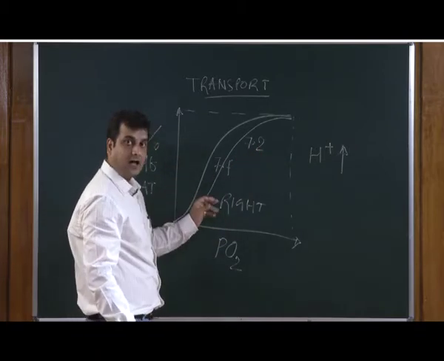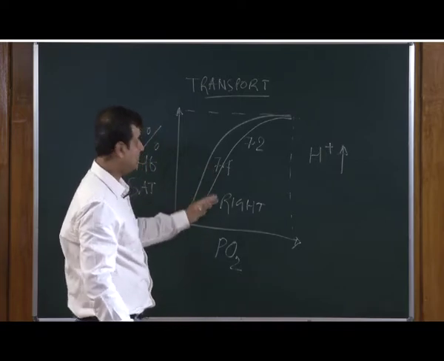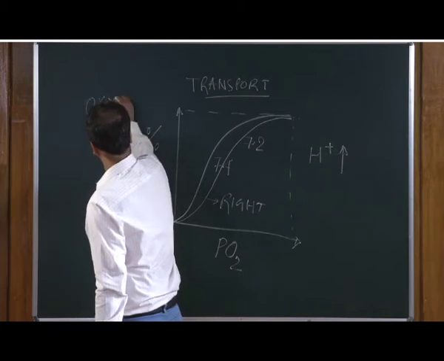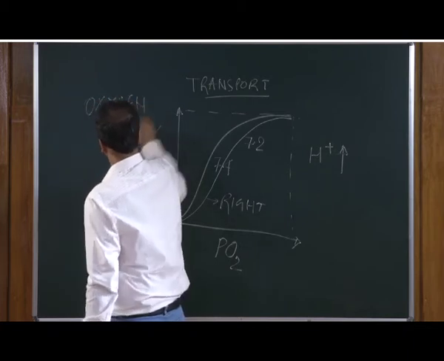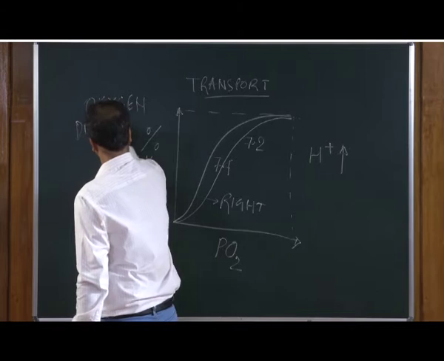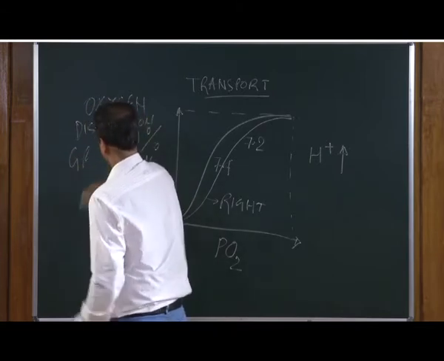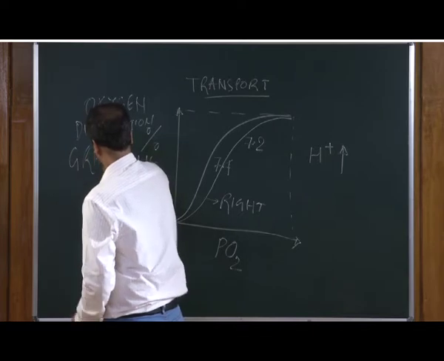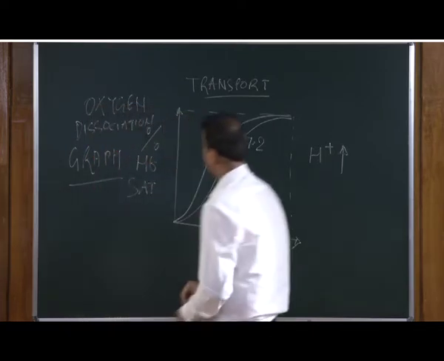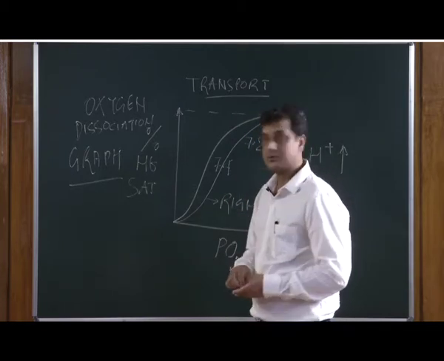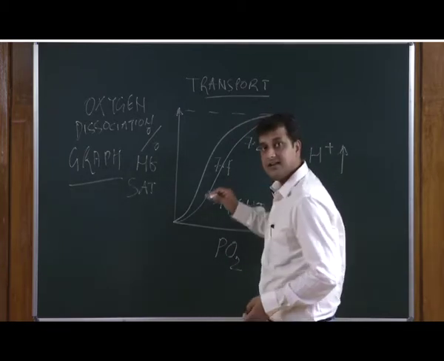This graph is called the oxygen dissociation graph. This oxygen dissociation graph shifts towards the right side, and the opposite is also true when we get an increase in the pH.